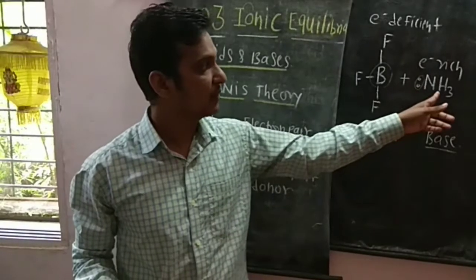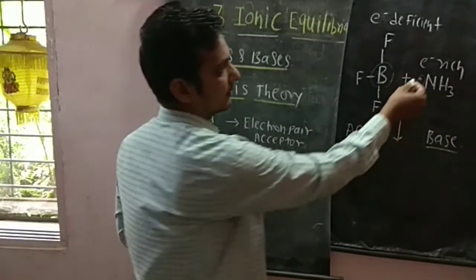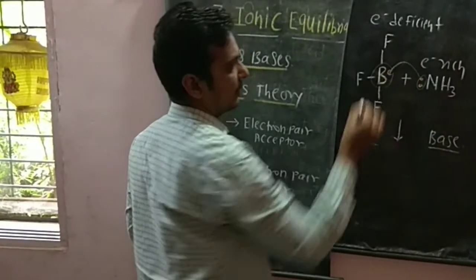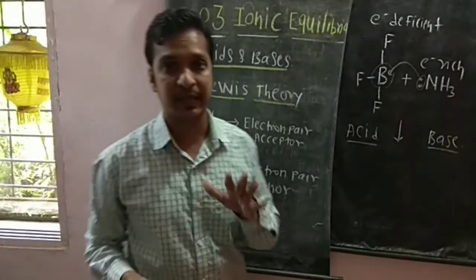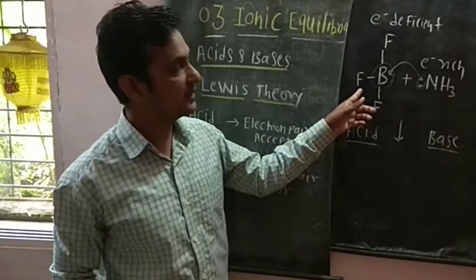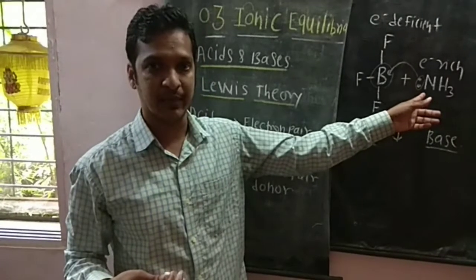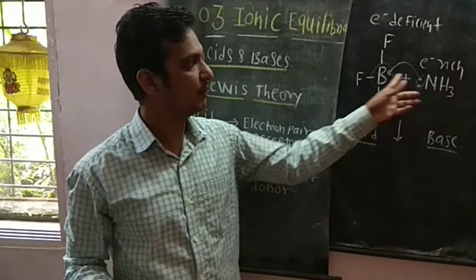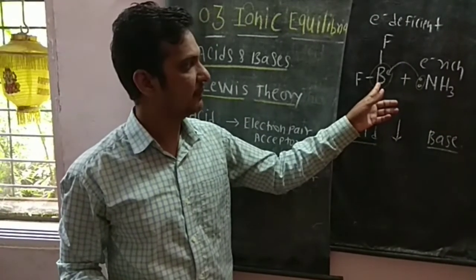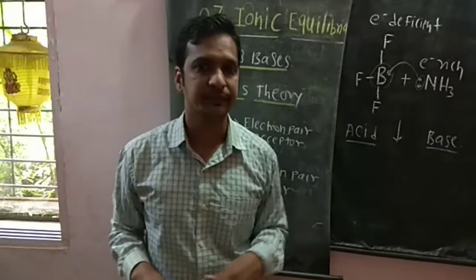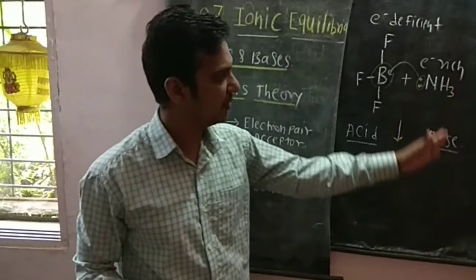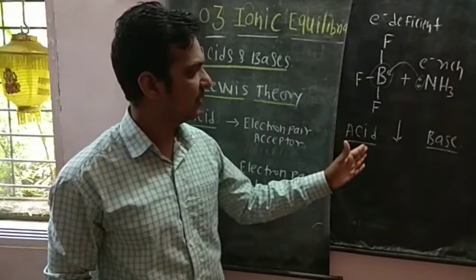Because it is electron rich, it donates an electron pair to the boron atom in BF3. Because BF3 is electron deficient, it accepts an electron pair from ammonia. That is why NH3 is called base and BF3 is called acid.